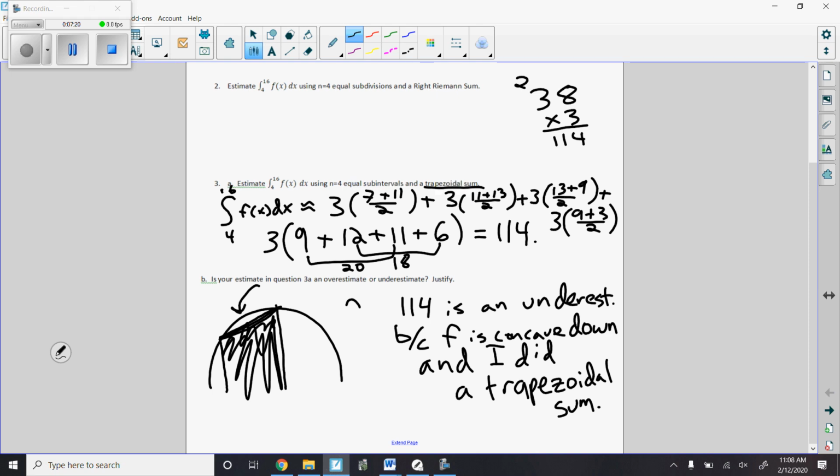So make sure that you mention both the concave down part and the fact that you did a trapezoidal sum.